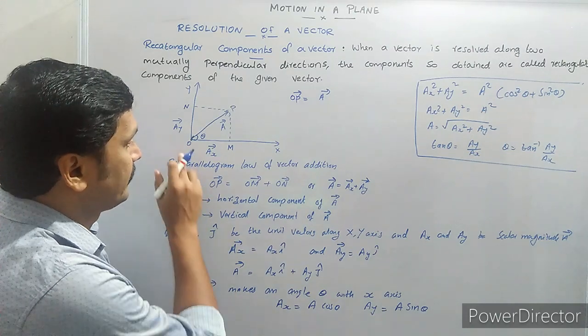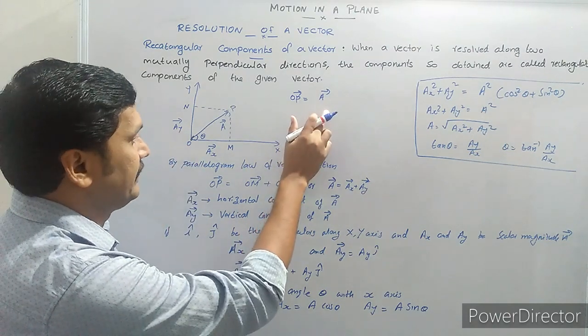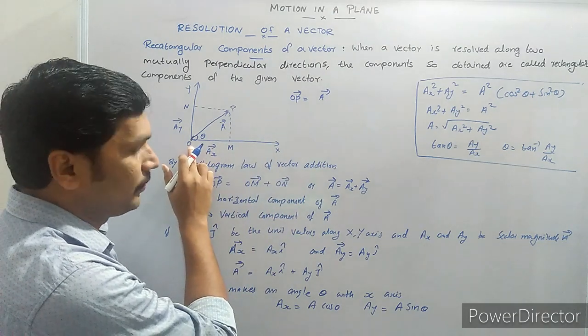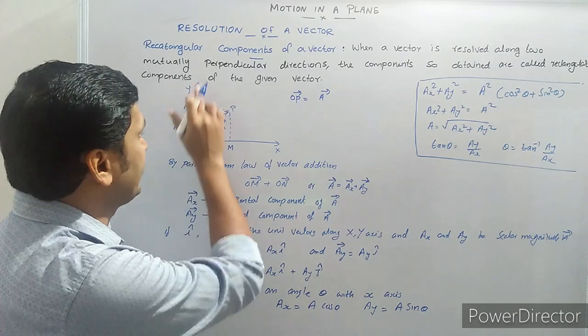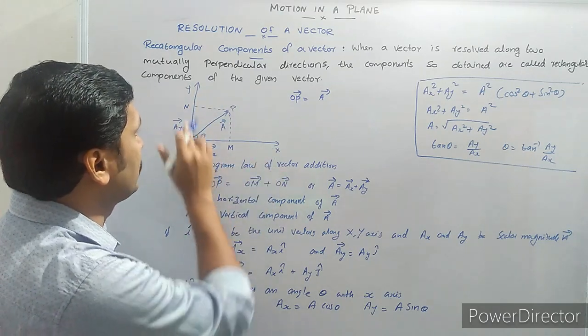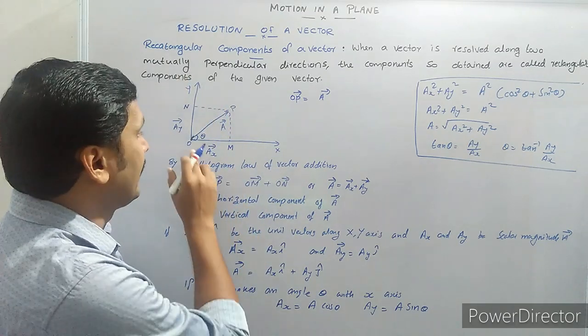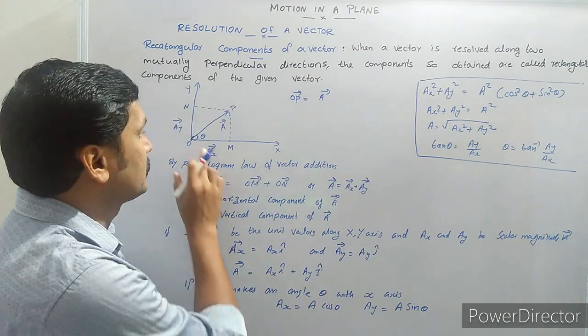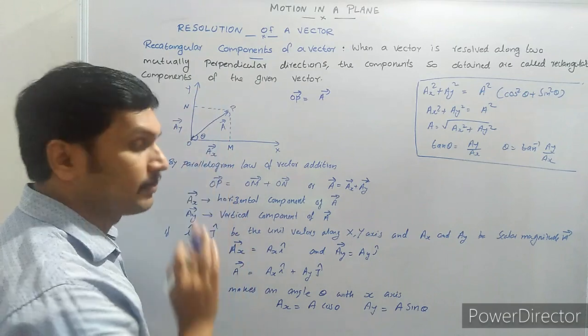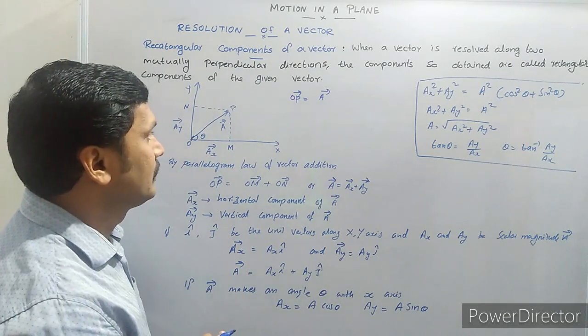For that, from the tail of vector A, that is from O, we draw two axes, the x and y axes, that is OX and OY. The angle between OX and OY is 90 degrees, that is, OX and OY are mutually perpendicular.